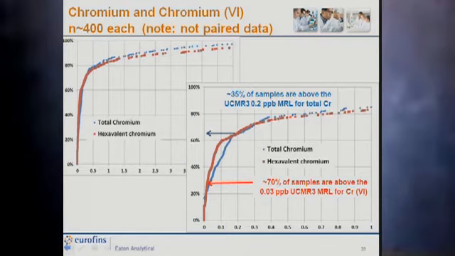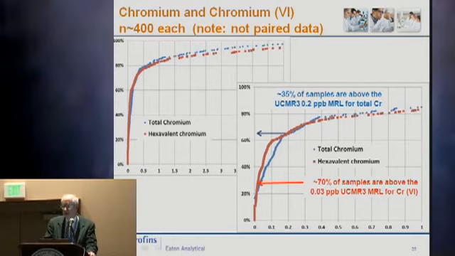You can see that we're basically seeing at the 0.2 ppb MRL, we're getting about 35% of the samples are above that for total chrome. For hex chrome, we go all the way down to 70% of samples being above it, which makes perfect sense because the hex chrome MRL is almost a factor of 10 lower than total chrome.